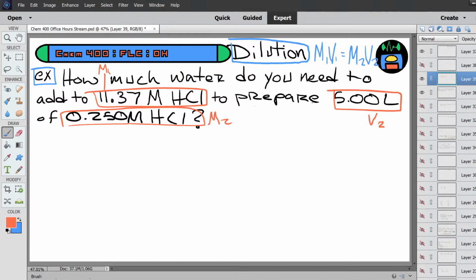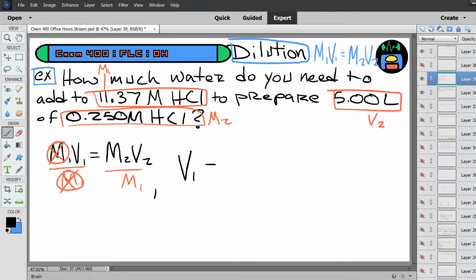Because the equation is initial molarity times initial volume is equal to final molarity times final volume. We're given 3 out of 4 of these quantities, and so we can solve. We divide both sides by initial molarity. They cancel out of the right side of our equation. So we get initial volume is equal to M2 times V2 over M1.